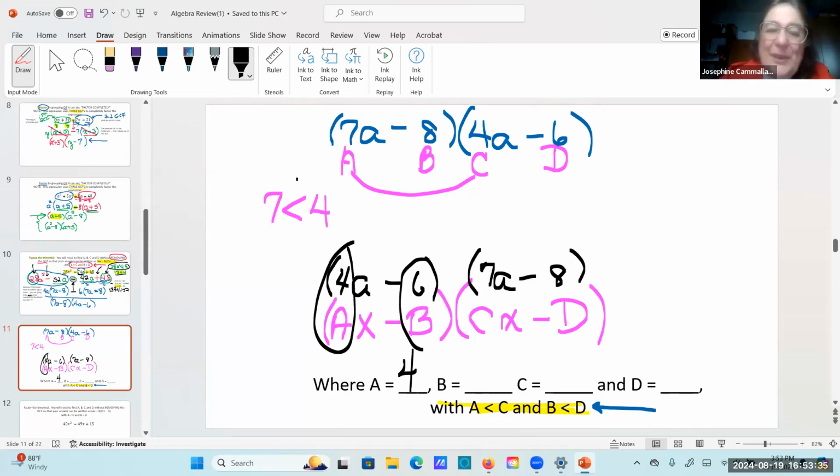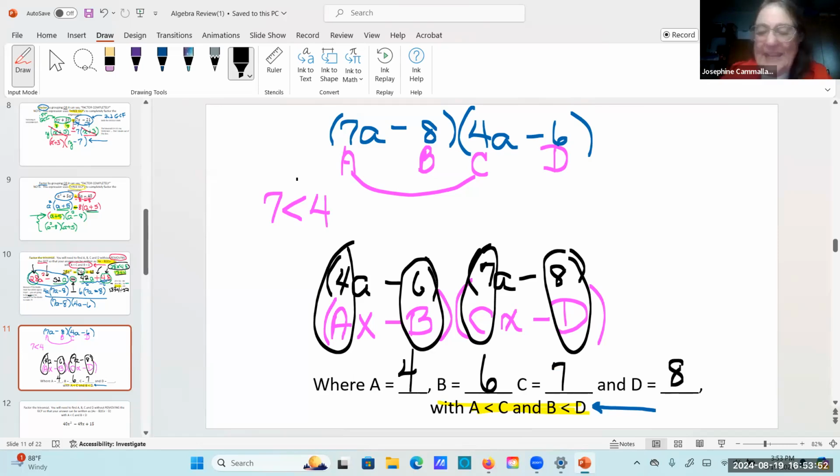Now, the B is just 6. It's not negative. It's just 6. C would be 7, and D would be 8. This is what Mom is going to be looking for. You're stuck. It's got to be this way.